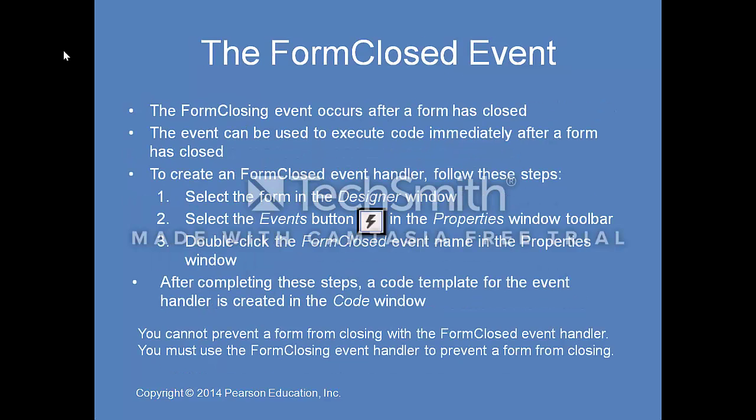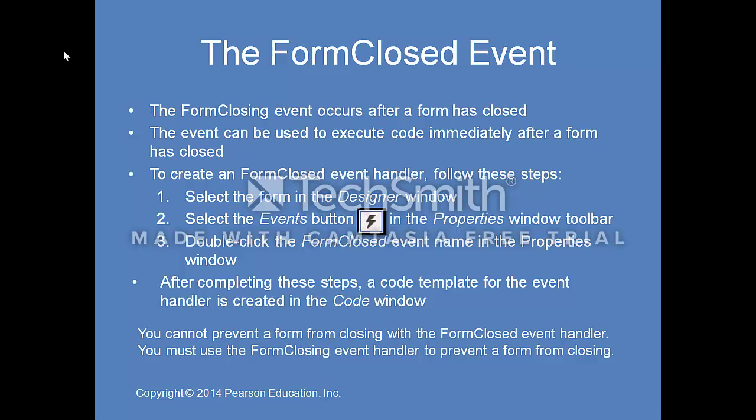The second one is closed. Closed is one step after closing. So after the closing event is triggered, then closed is triggered. That's the beginning of removing the window from memory. So if you would like to execute some specific code after you close the window, you put your code in this event.